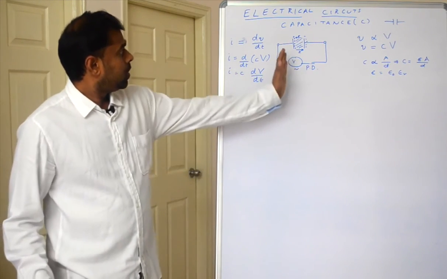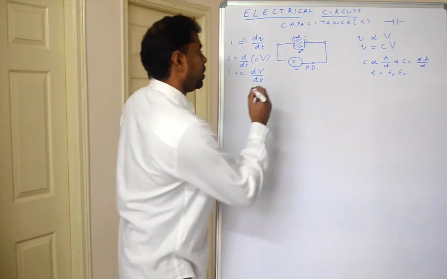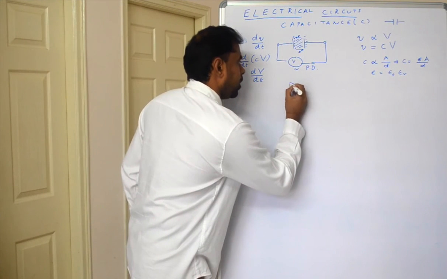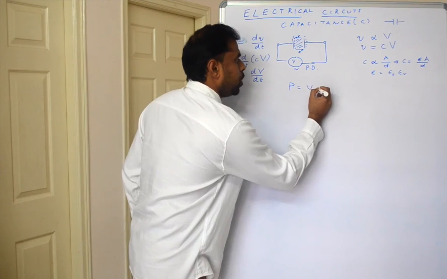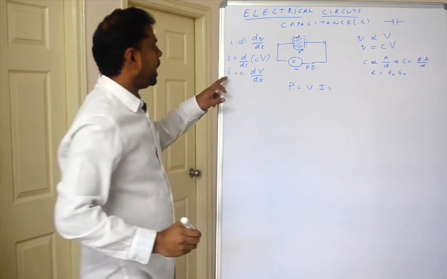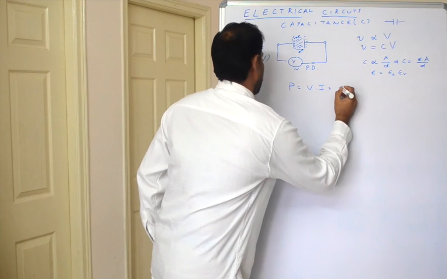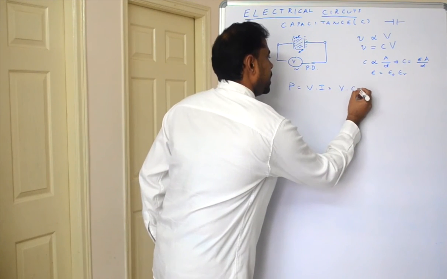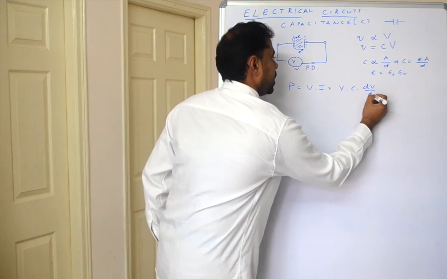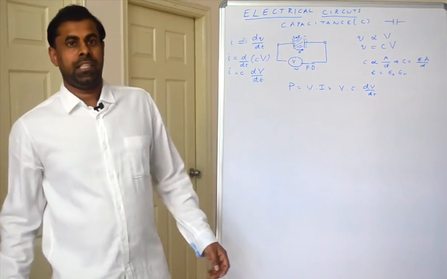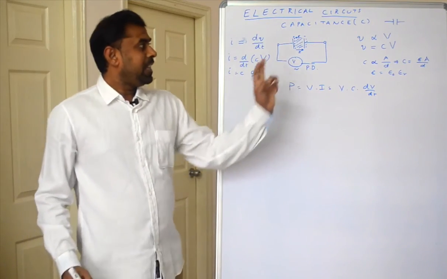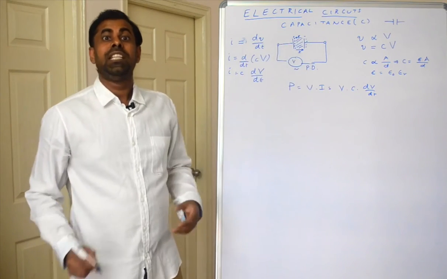Next, we will see what the power is. Power is nothing but voltage into current. Current here is C dV by dt. So it will be voltage into C into dV by dt. Next thing is energy. The main thing about a capacitor is it opposes sudden change in voltage.